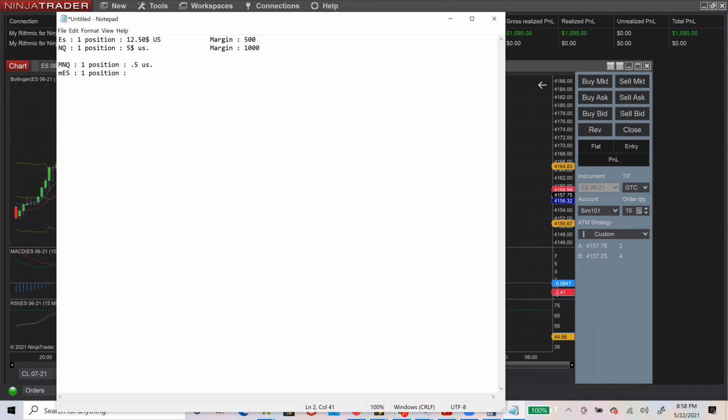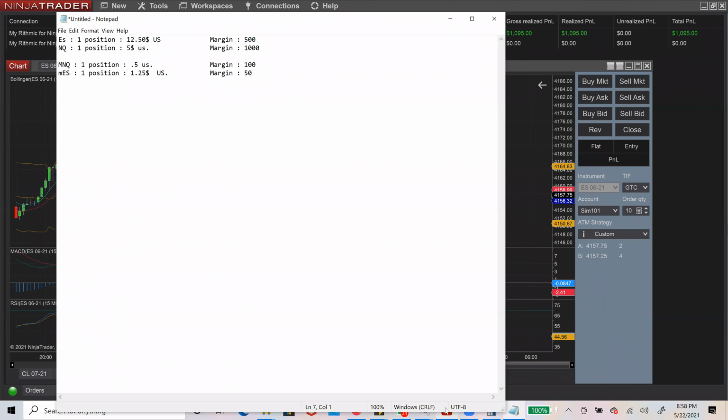For MNQ, margin required will be 1,000 USD. NQ is $100, and MES is $1.25 USD. Margin is 50.